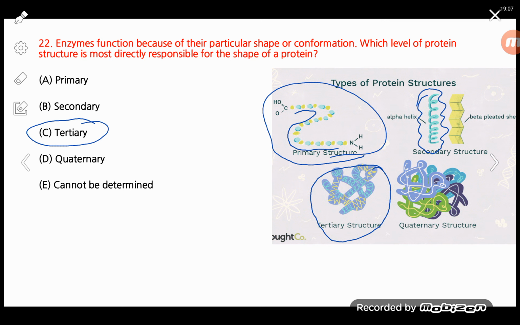While the quaternary structure means many tertiary structured proteins, or many polypeptides, 1, 2, 3, 4 polypeptides, combined together. So they are made up of more than one polypeptide. But the tertiary structure is the form that can make its function. So the answer will be tertiary.